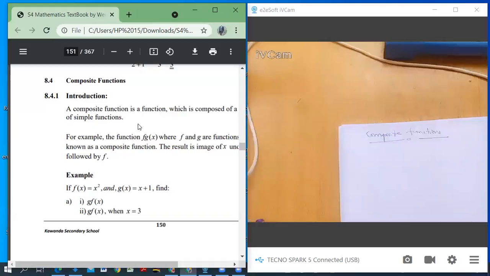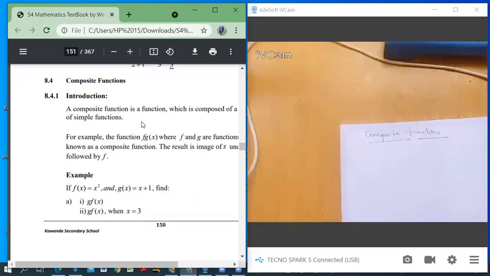Are we together? Yes, teacher. So when we get 2 or 3 functions and we put them together, combining them is what we call a composite function, or if you don't want to use the word composite, you can use combined function. It still means the same thing. Composite means combining something together.